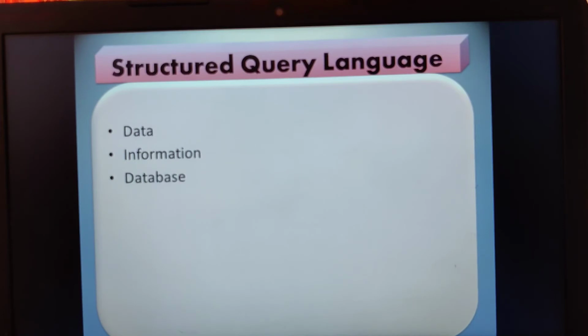Hence we call it logically related data items, because all the students have their name, roll number, combination and contact number. They are very much related with each other. Therefore the definition of the database is that it's a collection of logically related data organized in a way that can be easily accessed, managed and updated.